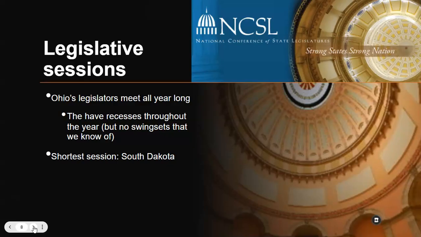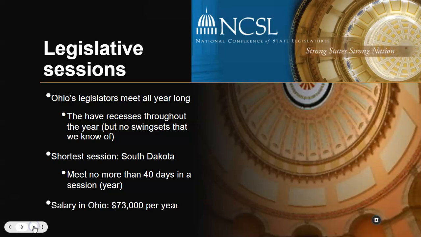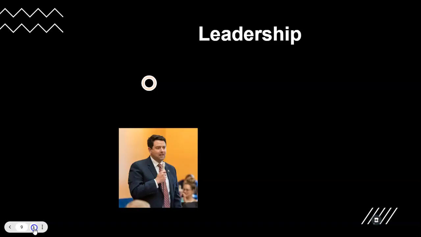The shortest session in the country is South Dakota, with no more than 40 days in one calendar year. But Ohio's legislators are considered full-time legislators because we meet the entire year. Salary for a legislator in Ohio is $73,000, okay?